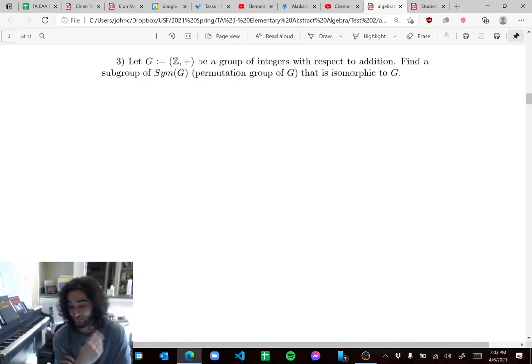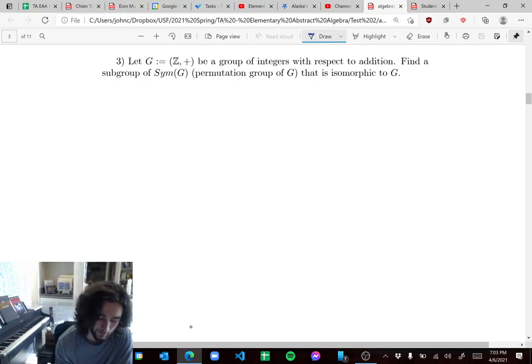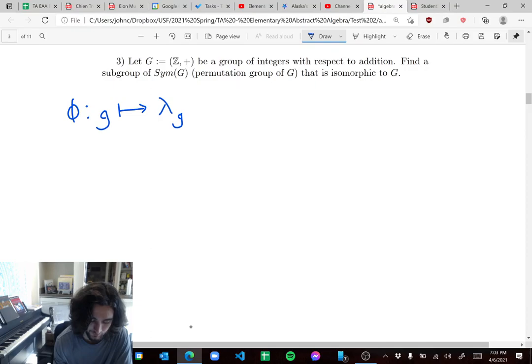So let's use the same formula from number 2, where you make the following isomorphism. You say phi takes an element g of G and turns it into lambda g.